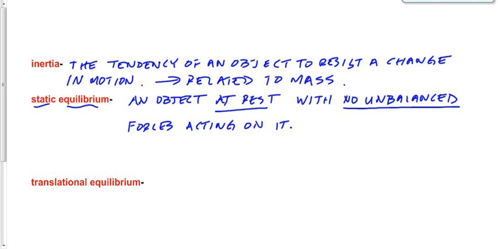Now that doesn't mean there's no forces. It means there's no unbalanced forces acting on it.